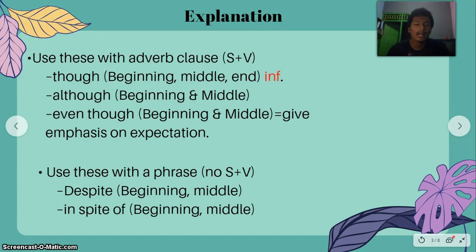And even though can be put at the beginning and in the middle of a sentence. Despite and in spite of have the same position, so you can only put them in the beginning and in the middle of a sentence. To help you understand more about what I'm talking about, let's go to the examples.